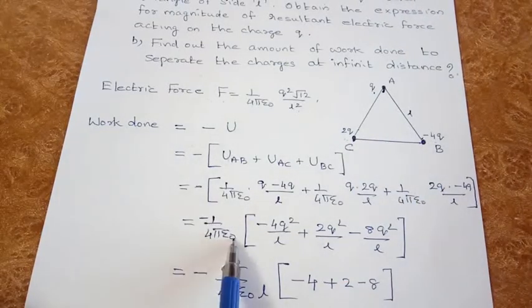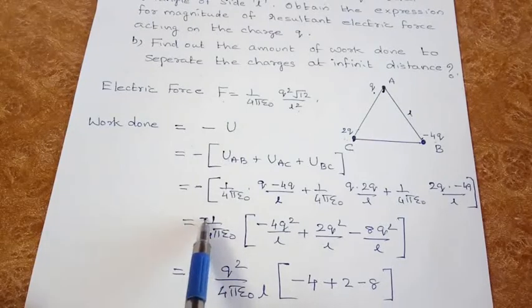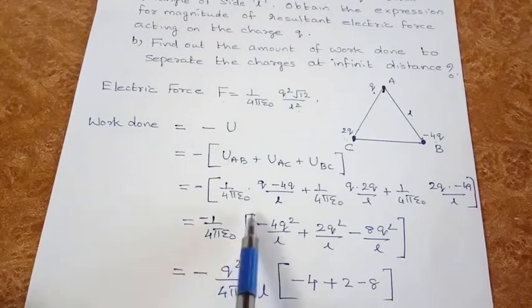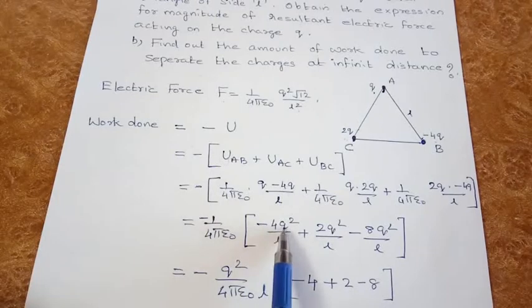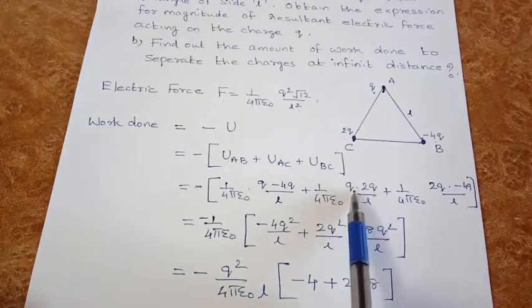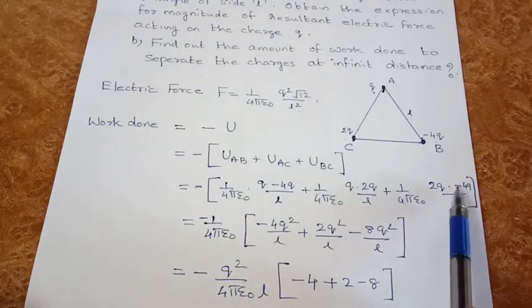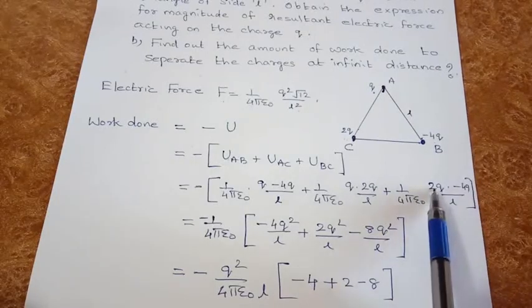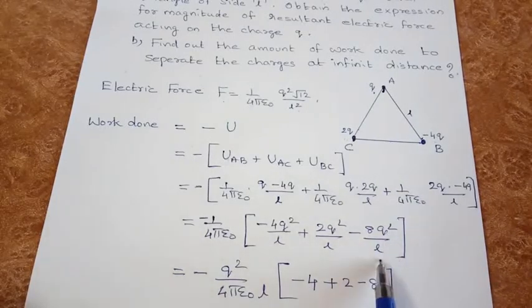Minus 1 by 4 pi epsilon 0 is taken out, minus 4q square divided by L plus 2q square divided by L minus 2 into 4, 8q square divided by L.